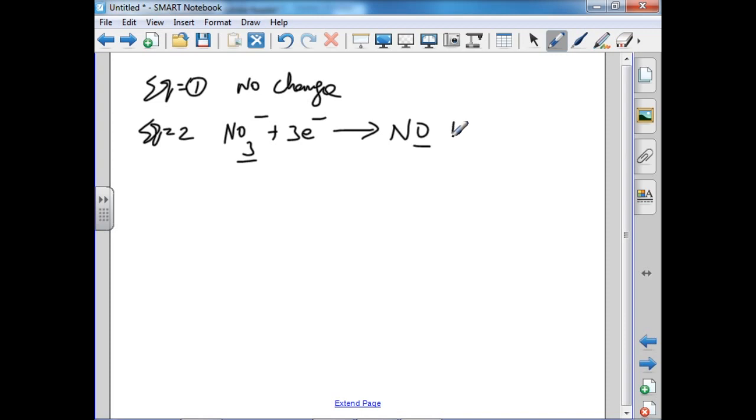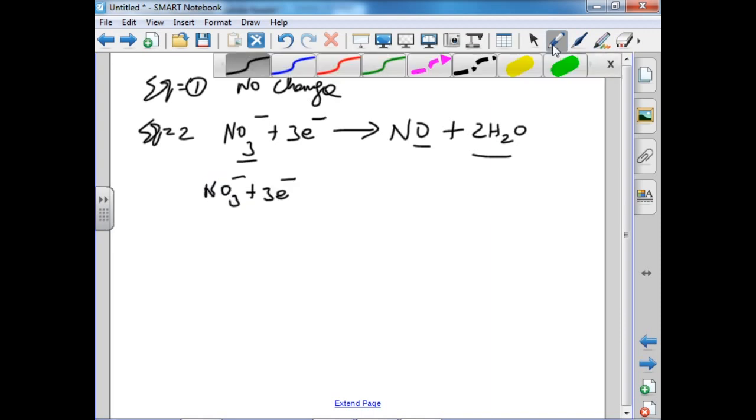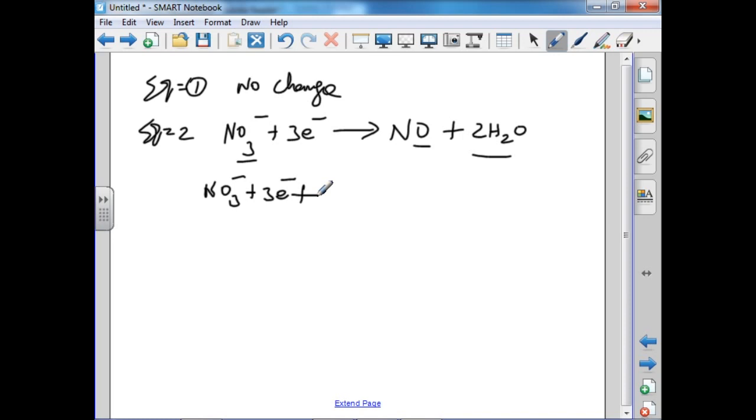So we add 2 water molecules on the product side. Next there are 4 atoms of hydrogen on the product side, so we add 4 hydrogen on the reactant side. NO3 minus plus 3 electron plus 4 H plus gives NO plus 2 H2O. This is equation number 3.